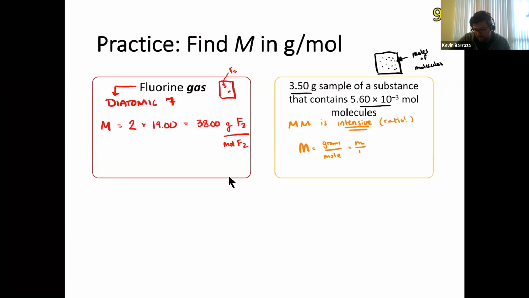Little m for mass, n for moles. 3.50 grams per 5.60 times 10 to the minus 3 moles of molecules, which means my M is 625 grams per mole.